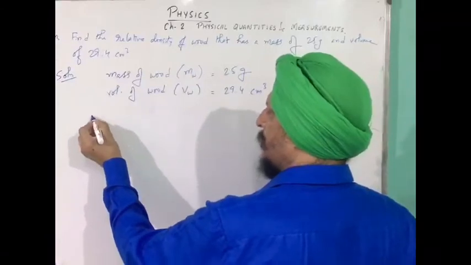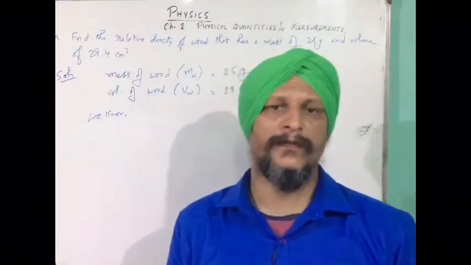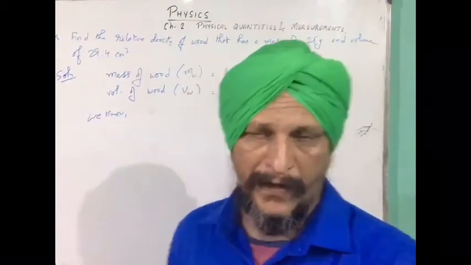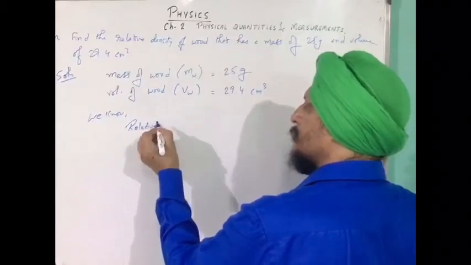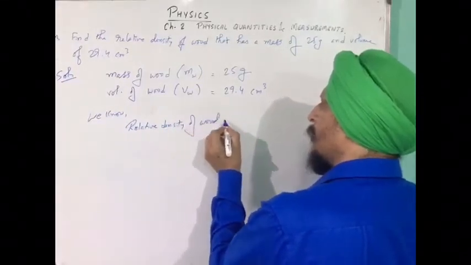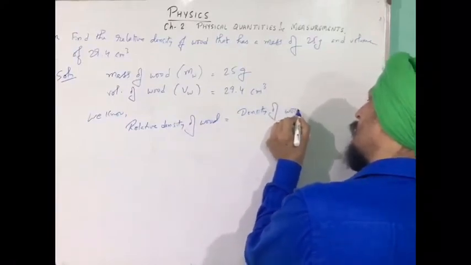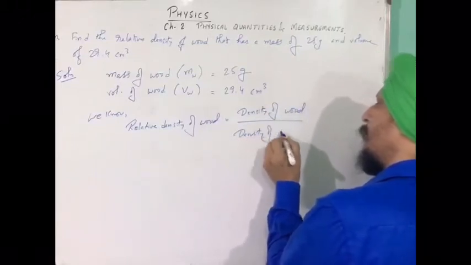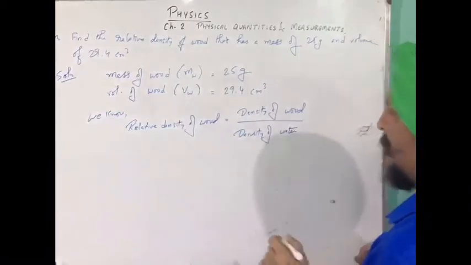You have to find the relative density of wood. According to the definition, relative density is the ratio of the density of a substance to the density of water. So relative density of wood equals density of wood divided by density of water.